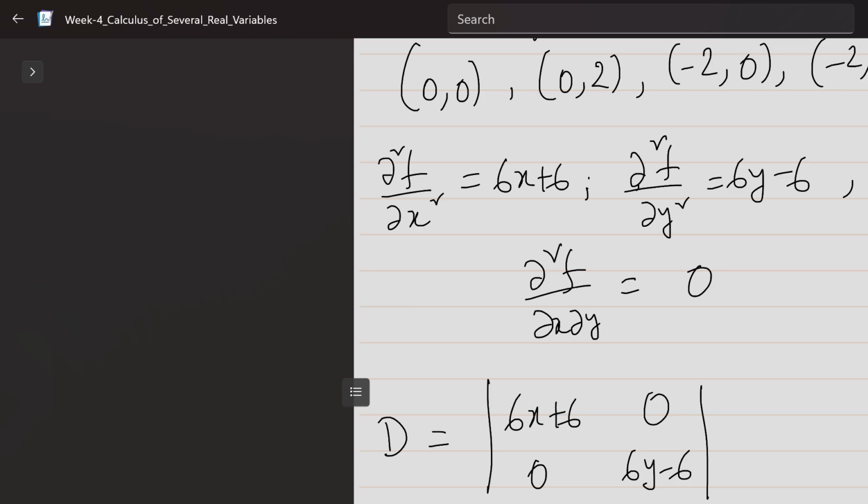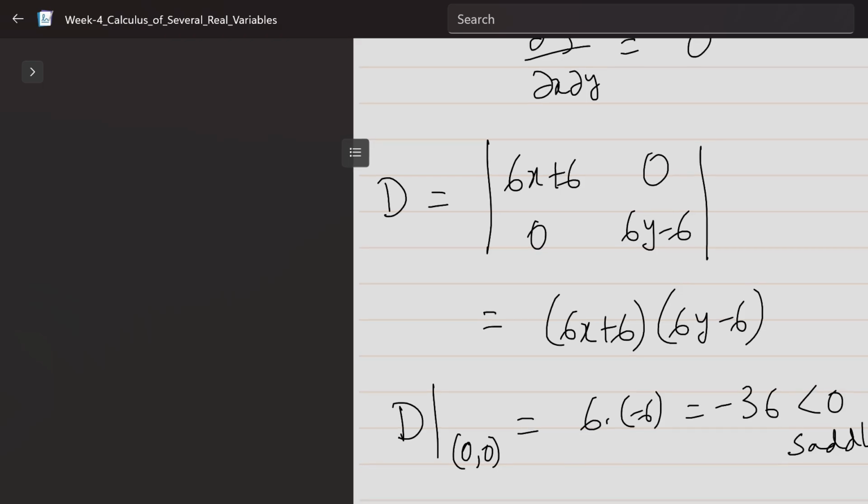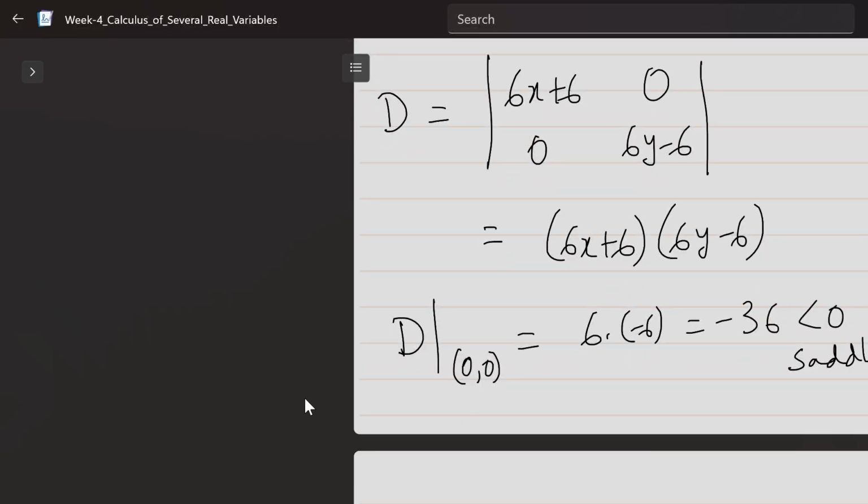So at 0, 0, it is a saddle point. No need to check A, del 2f del x2, because in this question you have to find the saddle point only. So what is D at minus 2, comma 2? It is minus 12 plus 6, comma 12 minus 6. So it is minus 6 into 6. So again minus 36. So negative, so saddle point.